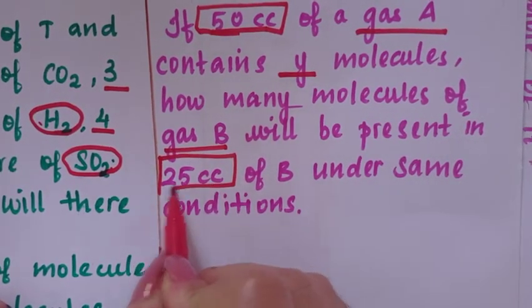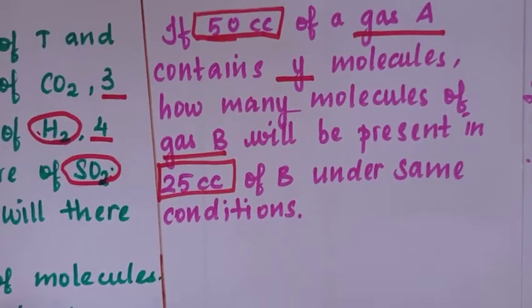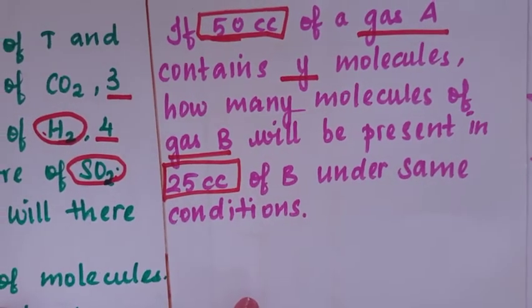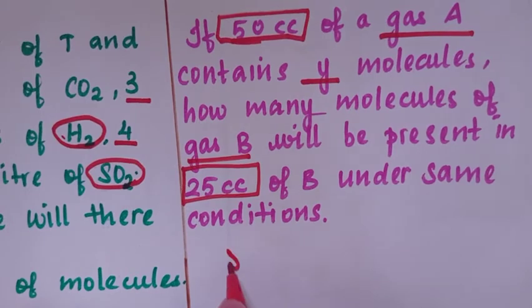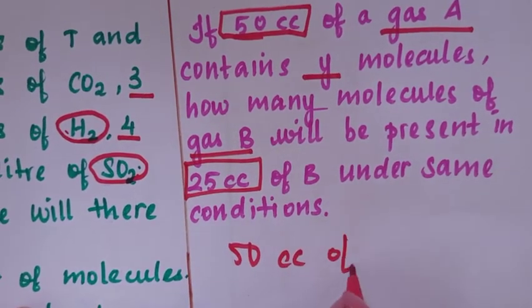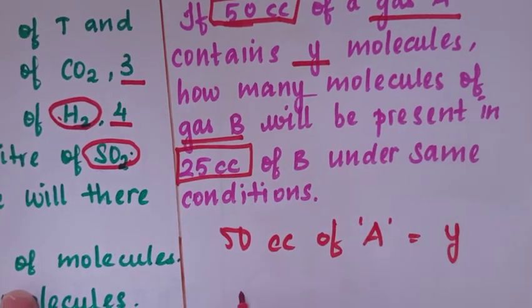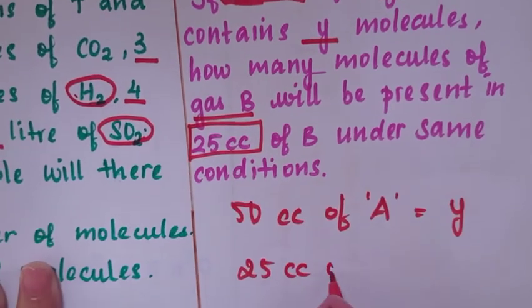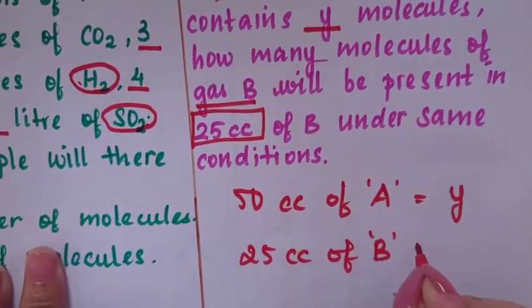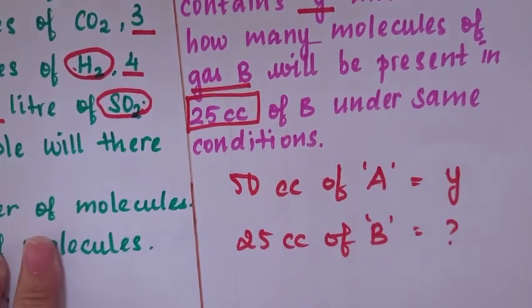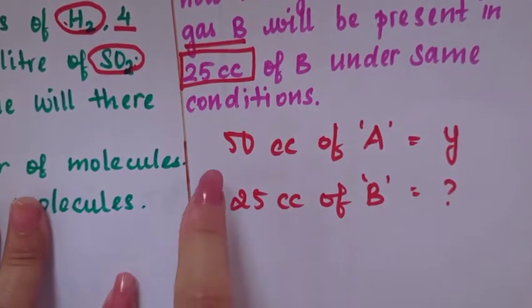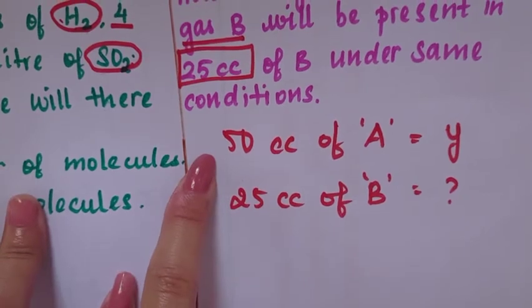Easily you can understand from this. If 50 cc of gas A is containing Y molecules, how many molecules will 25 cc of gas B contain? 25 is half of 50.